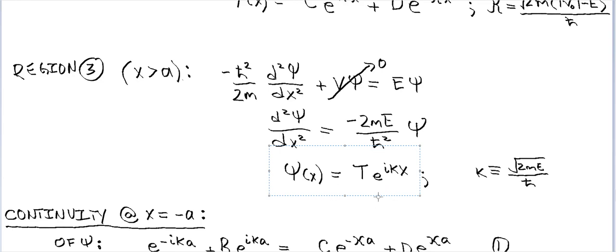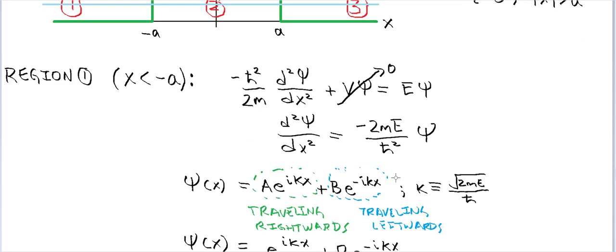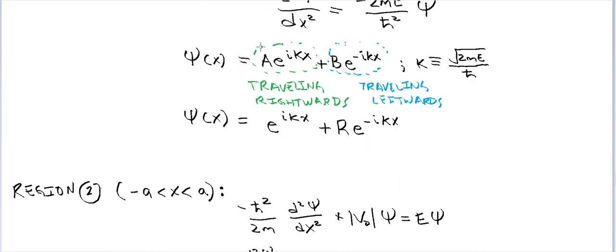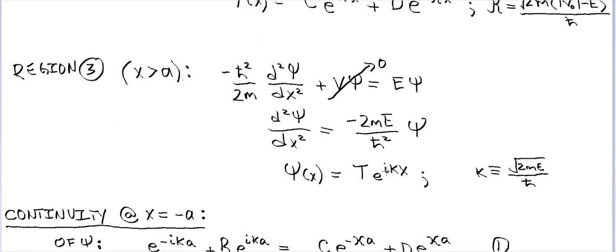And I'm doing the same thing that we did in our last example, where I'm assuming that there isn't a wave coming from infinity towards this step, and so I'm only keeping the rightwards traveling piece. So the general solution would also carry an e to the minus ikx term.